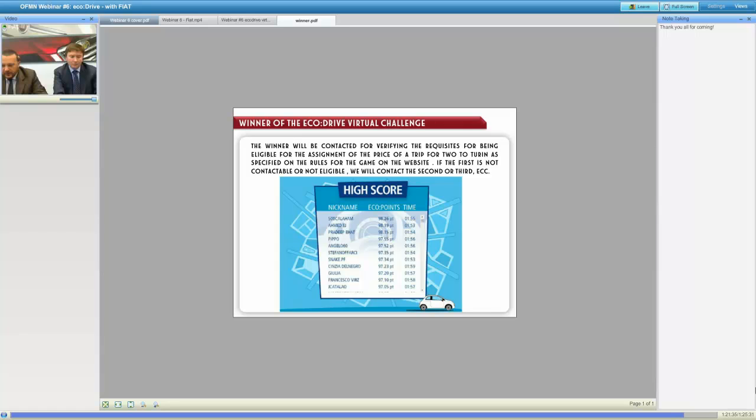Before leaving, we would also like to address a couple of questions that arose before, at the end of the Q&A. So, how many people worked on the EcoDrive project, what was the secret for having a high score in the EcoDrive game, and what is the difference between the EcoDrive game and the EcoDrive in the Fiat cars.